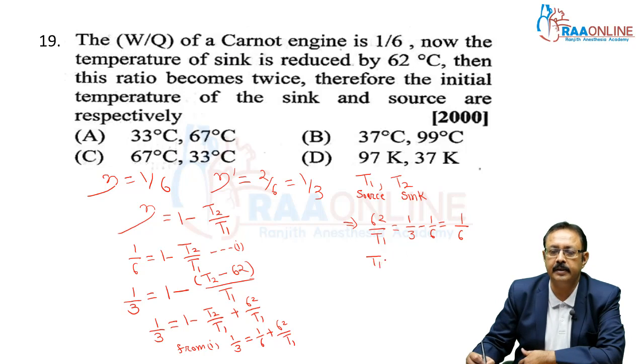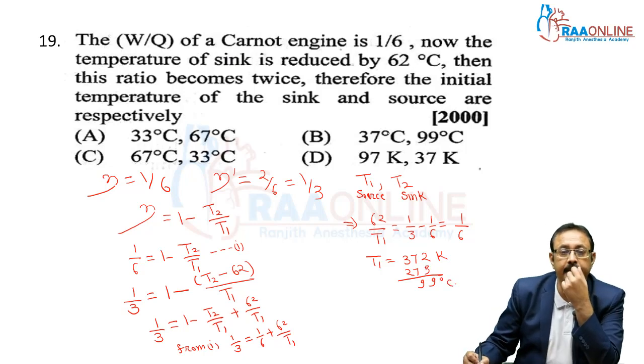So T1 is 372 Kelvin, or you can say 99 degrees Celsius.